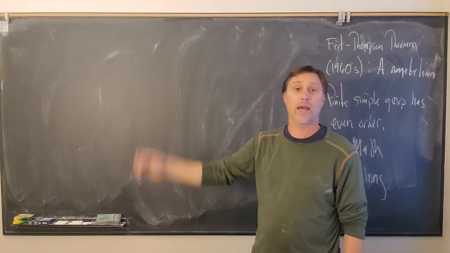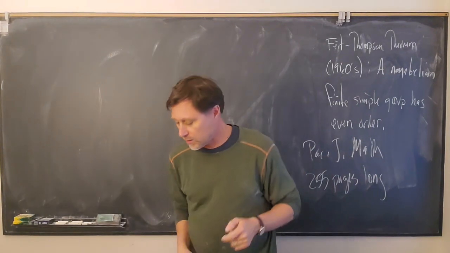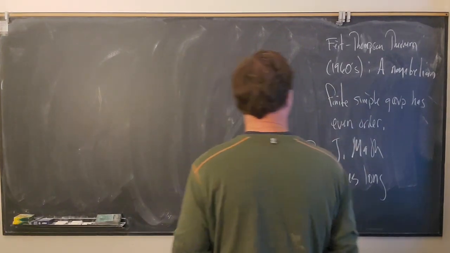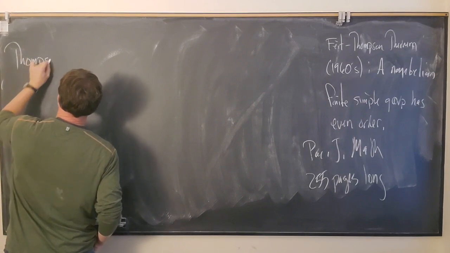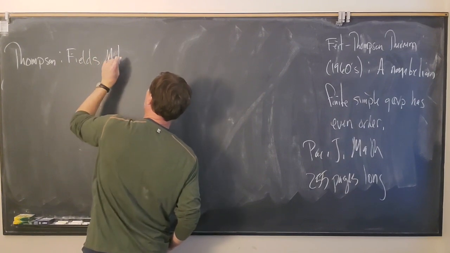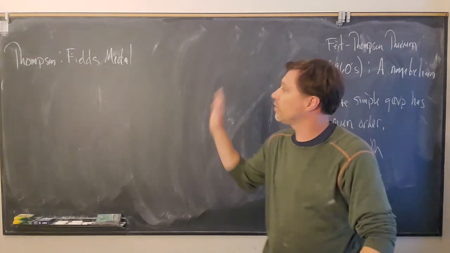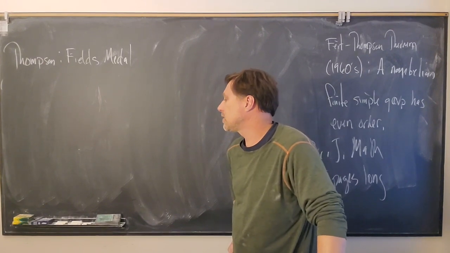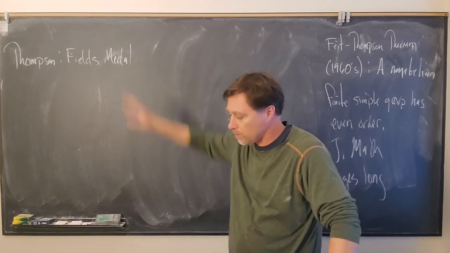If you're looking at finite groups of odd order, non-abelian, guaranteed not simple. For this work and others, Thompson won the Fields Medal. There is no Nobel Prize for math, and so the Fields Medal is at least equivalent to getting a Nobel Prize when it comes to math. That's the biggest prize out there.